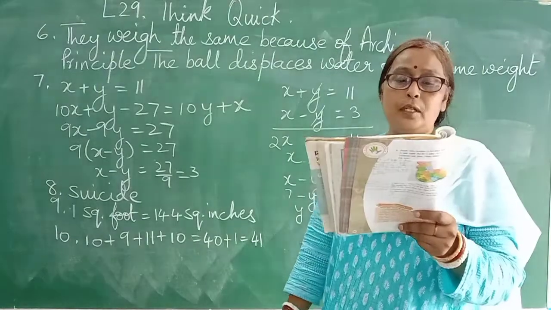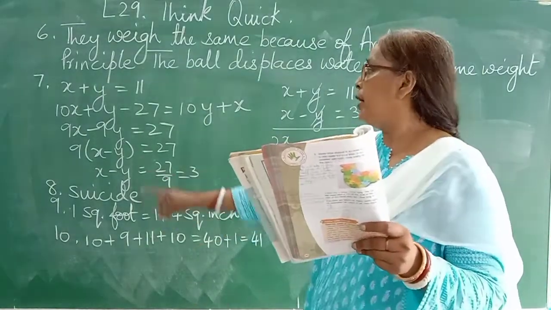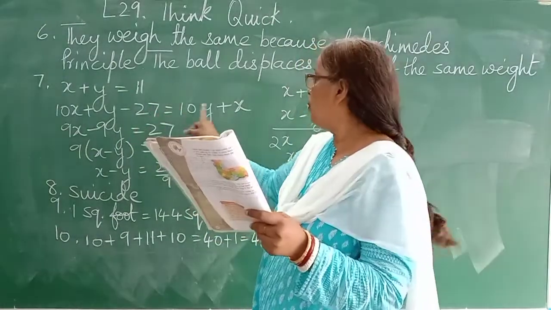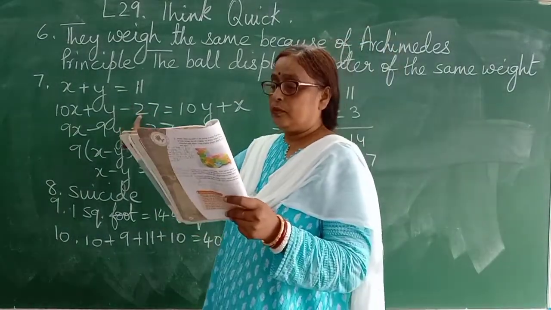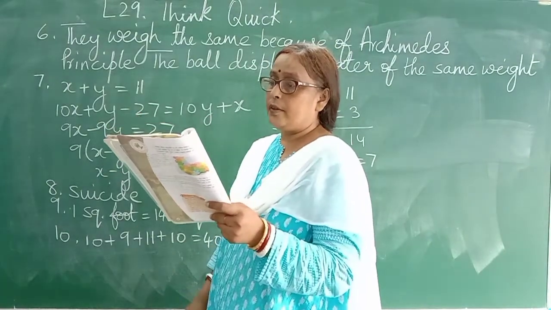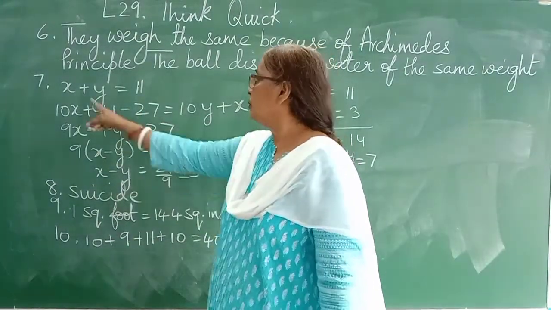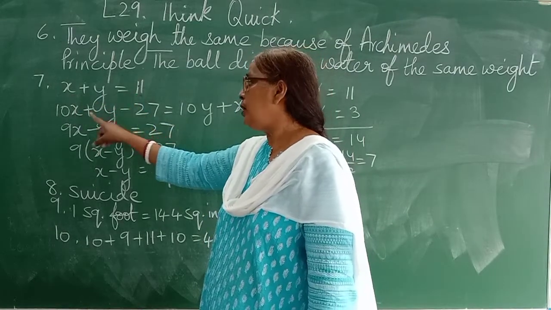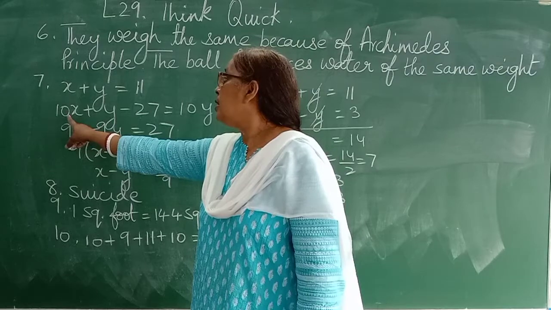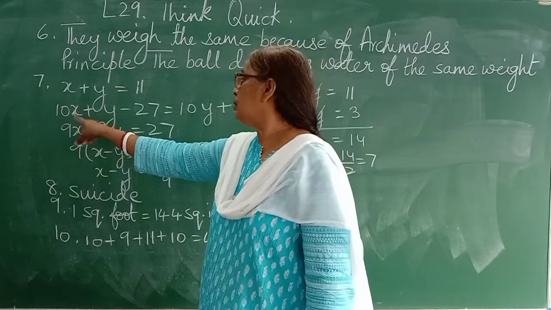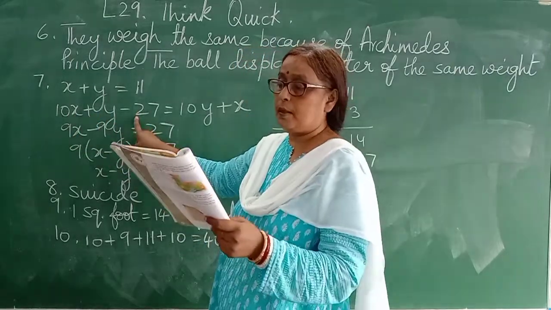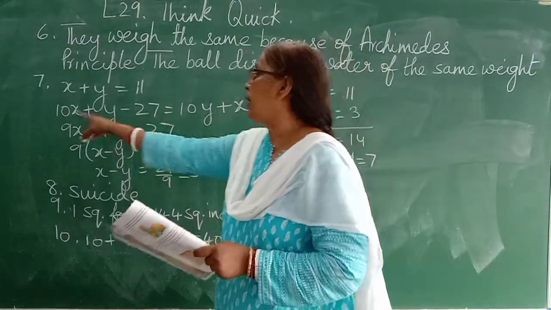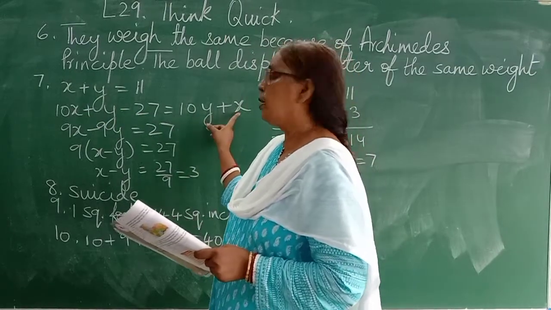Next, seventh question. The sum of two digits of a number is 11. If you subtract 27 from the number, the digits are reversed. What is the number? अब एक इक्वेशन हमें मिला x plus y is equal to 11. दूसरा मिला है 10x plus y, minus अब इसमें से subtract हो रहा है 27 from the number. The digits are reversed. 10y plus x.